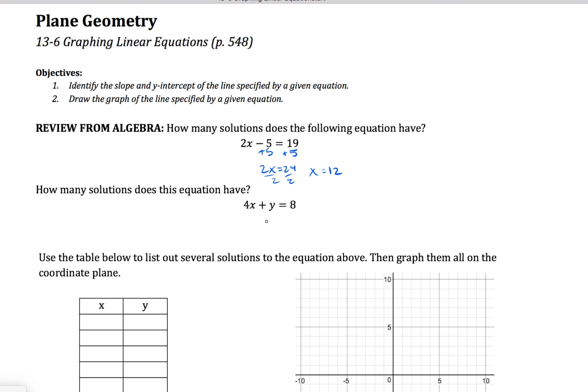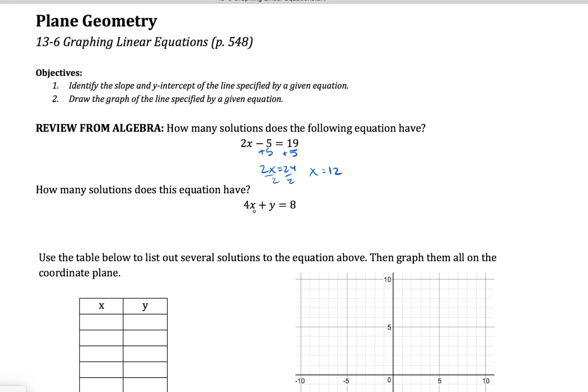But now if we come down here to this next equation, it says 4x plus y equals 8. It says, how many solutions does this equation have? Well, this is a different animal, right? We don't just have one variable like we did up here. We have two. We have x and y. And this is where things can get a little bit more complicated. Because if I think about what possible numbers I can put in for x and y here that would make the left side equal 8, I can think of a lot of possibilities, right?